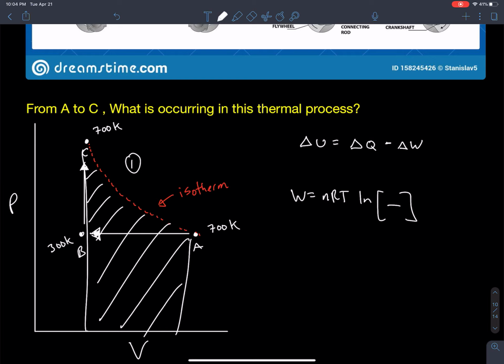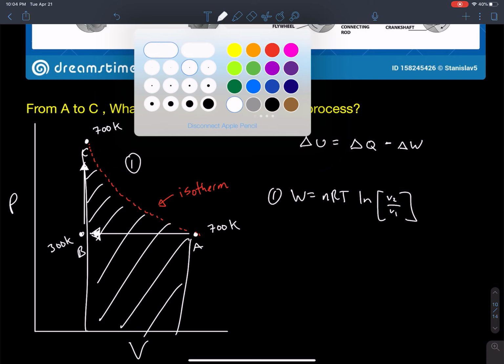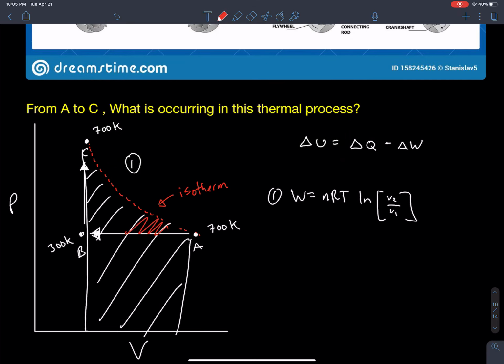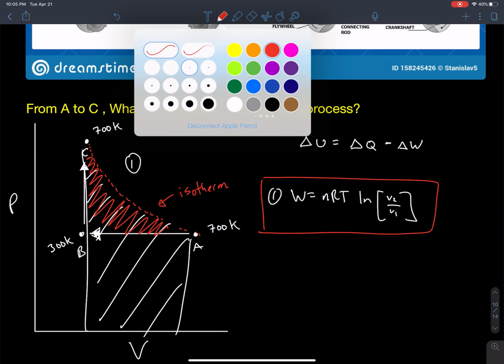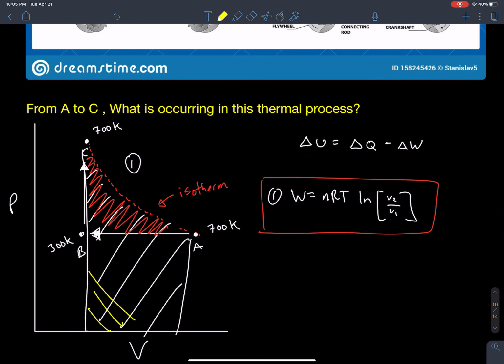Yeah, so we can do V2 over V1, and that would give me the total work done for that first part. And then if the question is really asking what is the actual work being done, it's looking for the area under here, I would have to take that value that I've calculated and subtract the amount of work done on the system, which would be this area here, which is pretty easy to calculate.